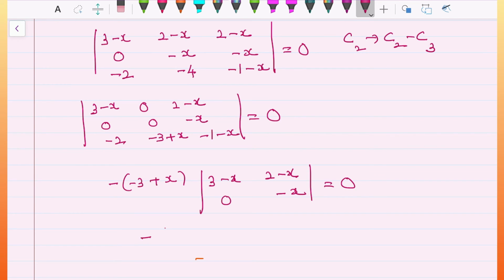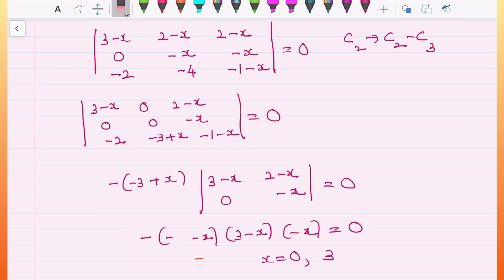So you get minus of, when you expand, minus 3 minus x, 3 minus x into minus x equal to 0. So your values will ultimately be x equal to 0 or 3. This is actually minus 3 plus x, so this is what you will get. The value of x would be 0 or 3.